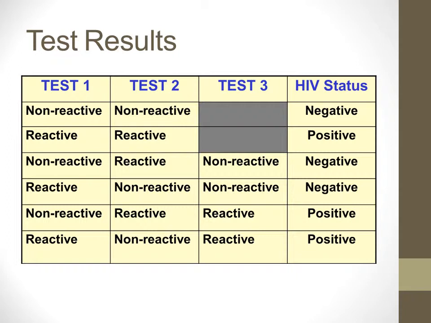But when you have one of the tests reading different from the other, we will need a third test, and the HIV status is determined by which of the tests reads most. For instance, if 2 of the tests read non-reactive, then we can say the patient is negative.